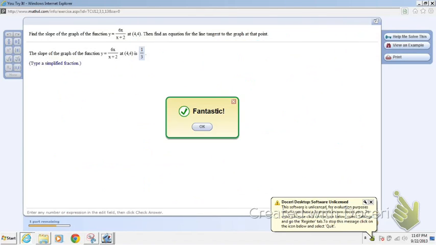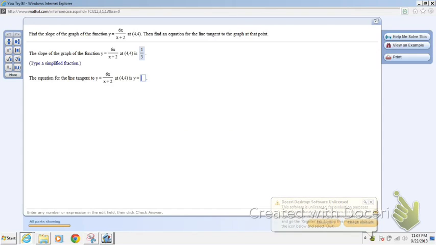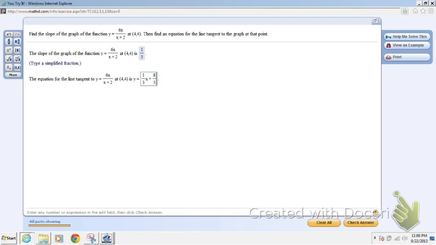So you see I typed in the slope as a third, and it said okay. And then the equation of the tangent line, and we said that's going to be 1/3 x, and then plus 8/3. Good. All right.